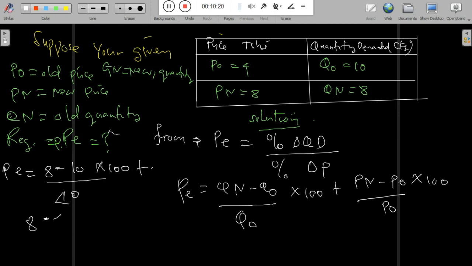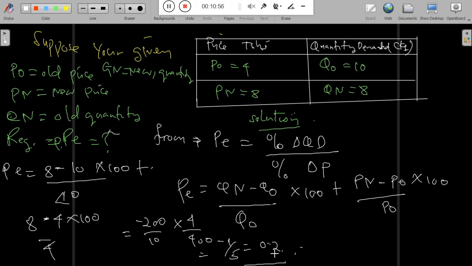So when you work out the two expressions and multiply by 100, we will have negative 200 over 10, divided by 400 over 4.